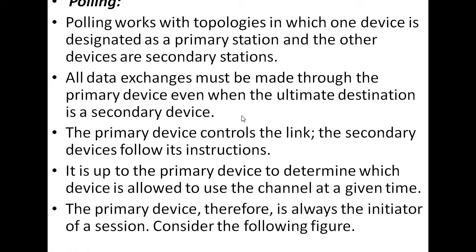The next point is that the primary device controls the link, as I have told you, and the secondary devices follow its instructions. It is up to the primary device to determine which device is allowed to use the communication channel at a given time, because the primary device controls the link.